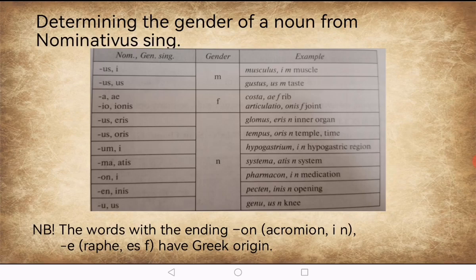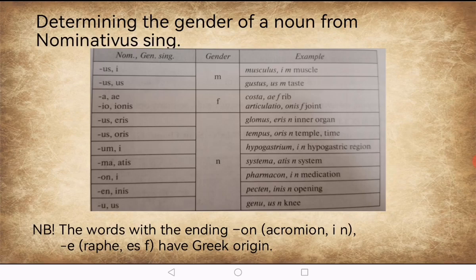Other endings are neuter: US, ERIS; US, ORIS; IUM, I; MA, ATIS; ON, I; EN, INIS; U. For example, glomus, glomeris; tempus, temporis; hypogastrium, hypogastrii; systema, systematis; pharmacon, pharmaci; pecten, pectinis; genu, genus.